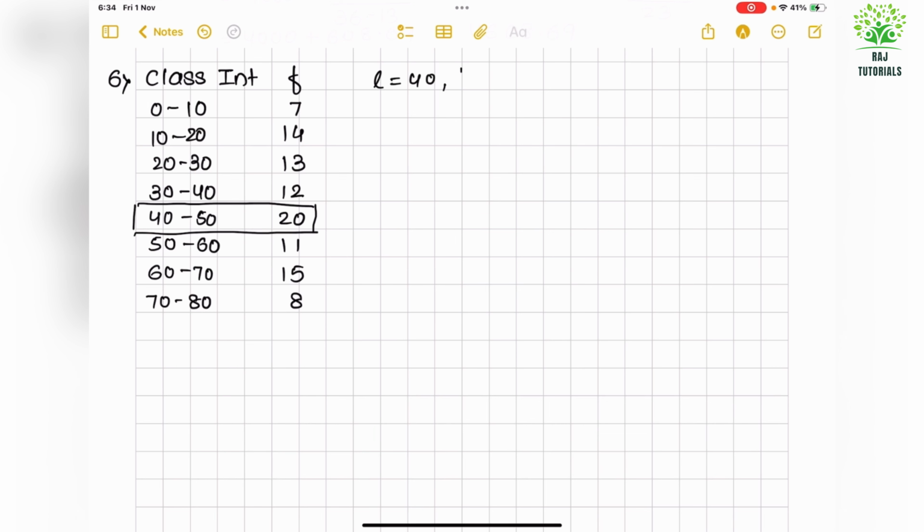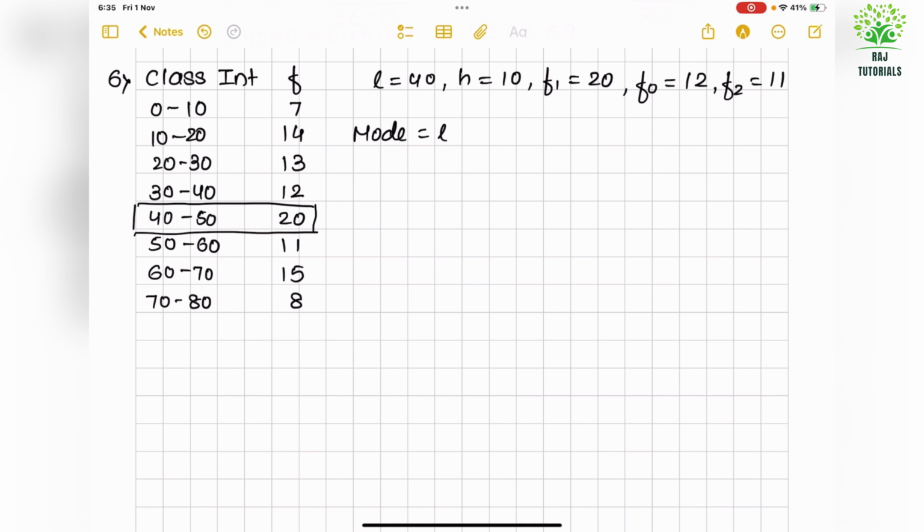So L equal to 40, H equal to 10, F1 equal to 20, F0 will be the observation above F1, so that will be 12, and F2 is the observation below 20, so that is 11.